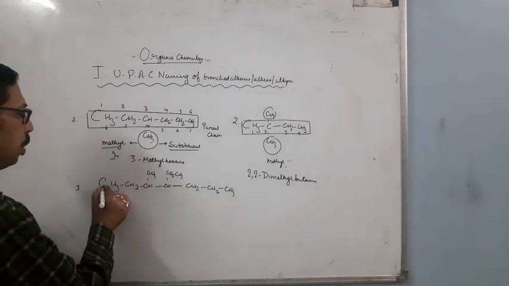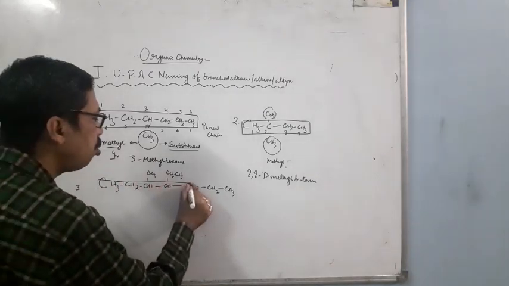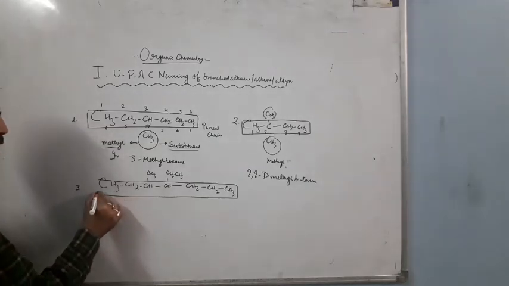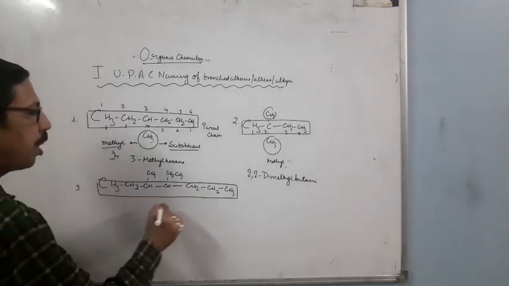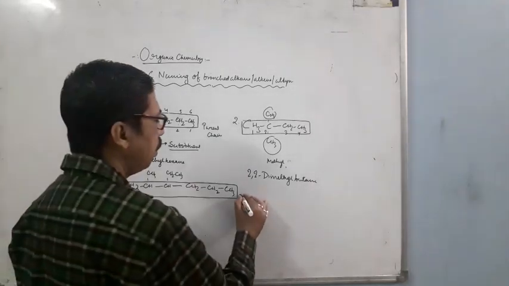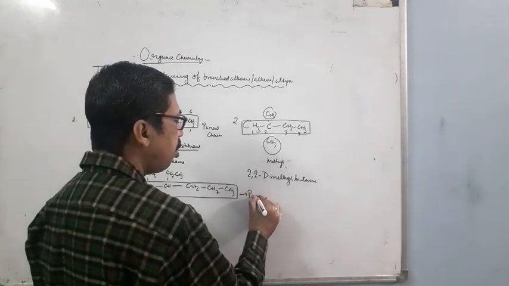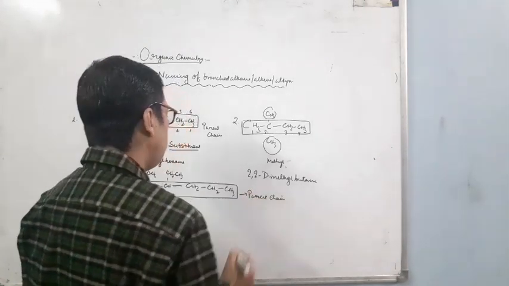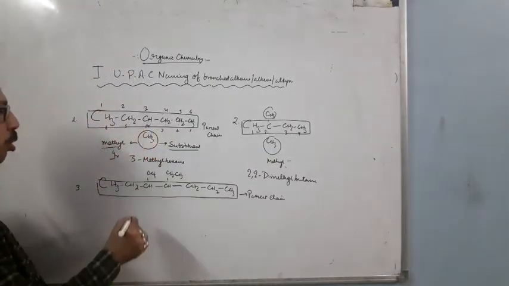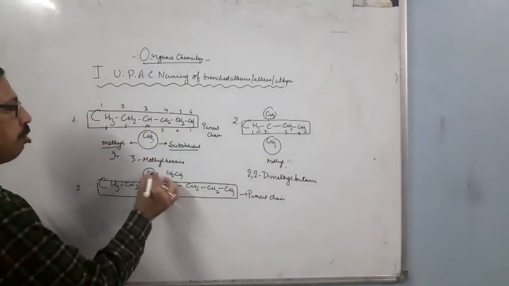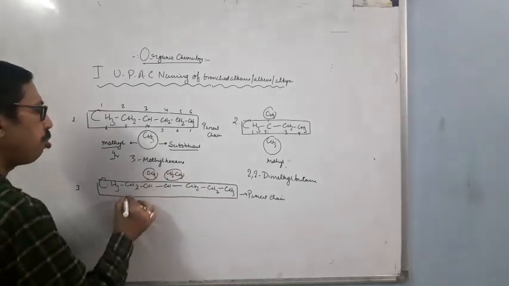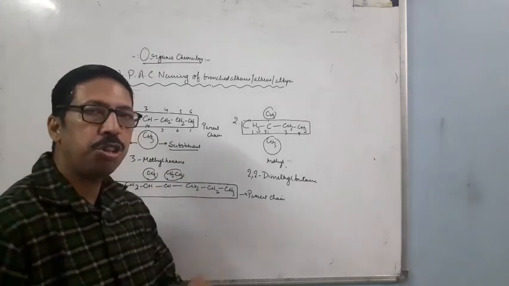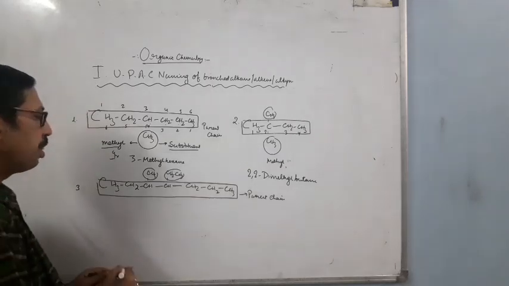Now this is the last one for this particular class. Again, we need to find out the longest carbon chain, that is the parent chain. This is the parent chain. And there are 2 substituents, CH3 and CH2CH3. CH3 stands for methyl and CH2CH3 stands for ethyl.